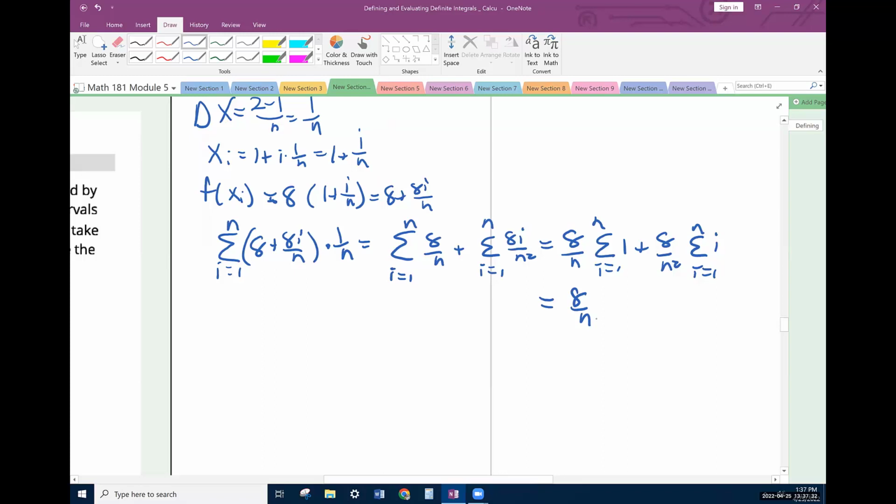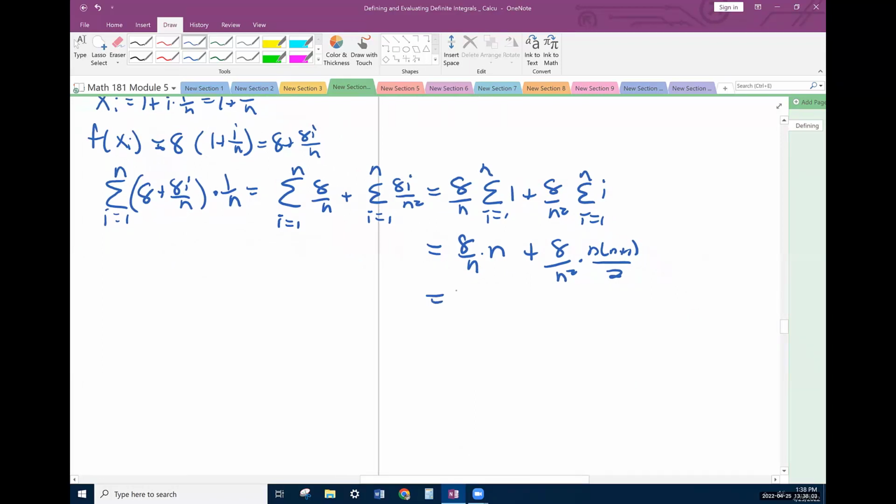If you add 1 n times, what do you have? n, thank you. And if you add 1 plus 2 plus 3 all the way up to n, what would you have? The sum of an i, not an i squared or i cubed, n times n plus 1 over 2.